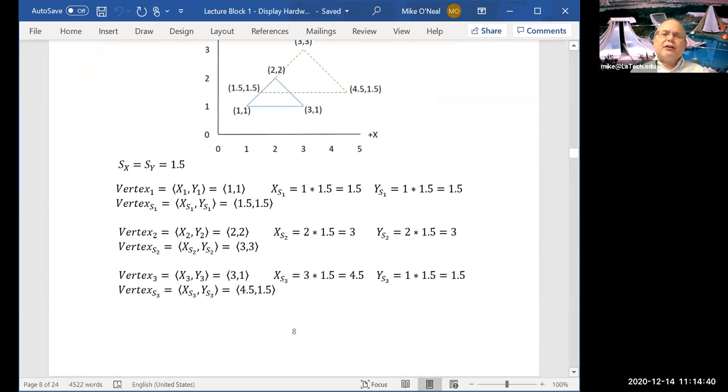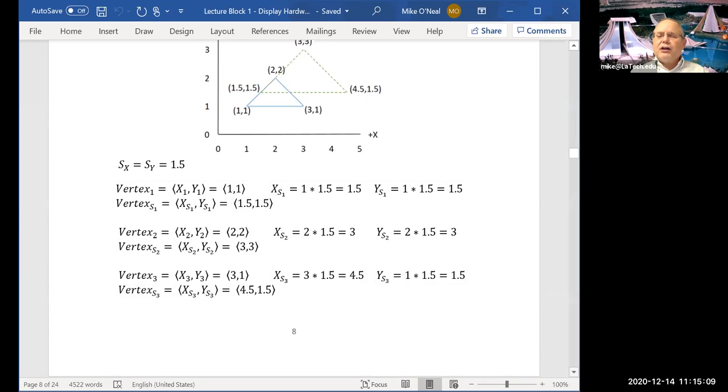And I grind through the math there so you can see exactly how these points get changed to these other points. So for example, you can see how 1, 1 gets placed at 1.5, 1.5 through these equations here. And you can see how 2, 2 gets moved to 3, 3 from these equations here, and how 3, 1 gets translated to 4.5, 1.5 by these equations here.